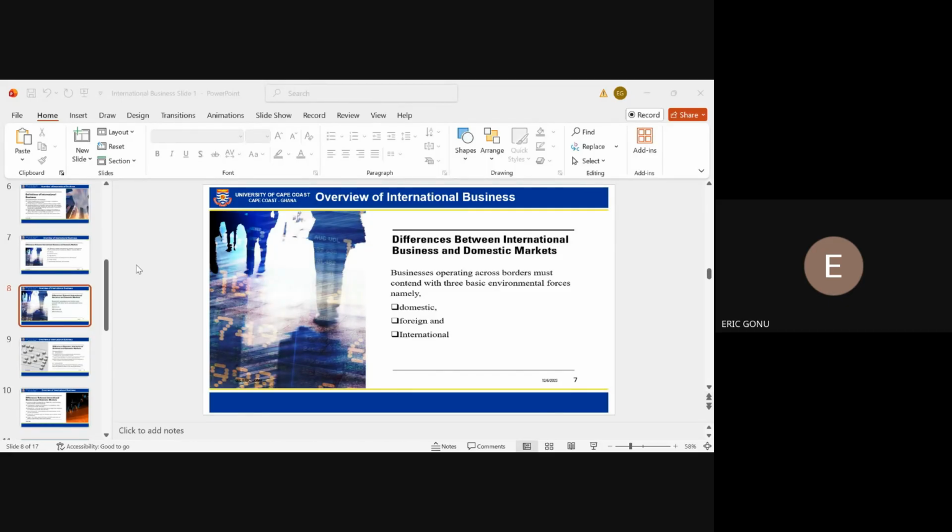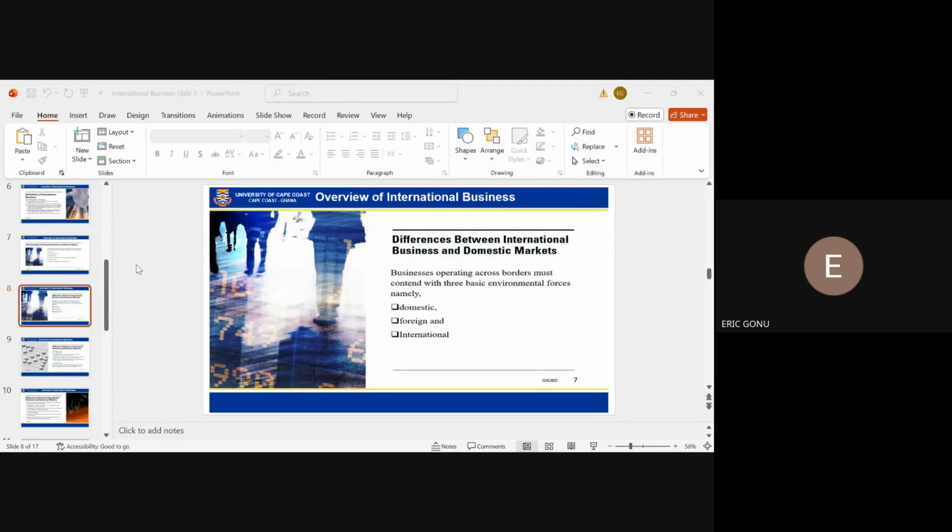the global environment. Because when COVID came, COVID wasn't peculiar to one country's environment, but came as a global environmental force that affected businesses. So when you are thinking about going international, you need to be thinking about these environmental forces.